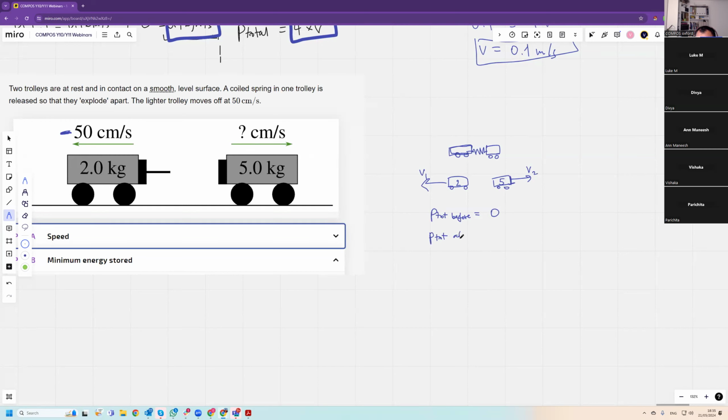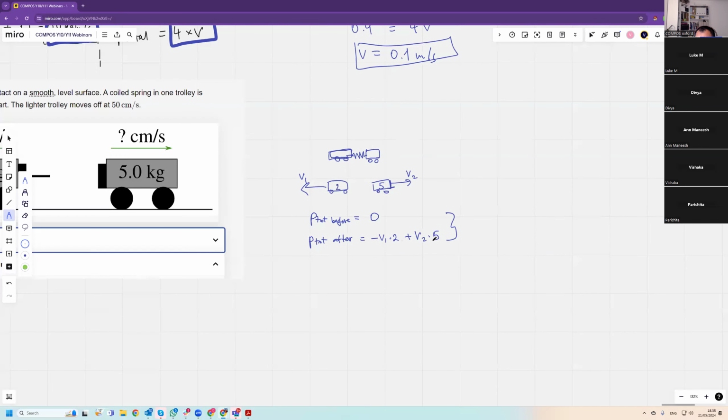Total after is equal to minus v1 times 2 plus v2 times 5. And because they are the same, they have to be equal to each other. So minus 2v1 plus 5v2 is equal to 0.